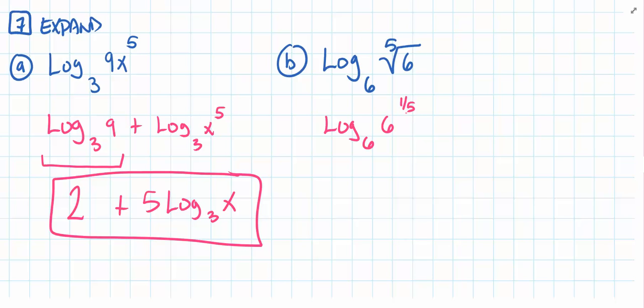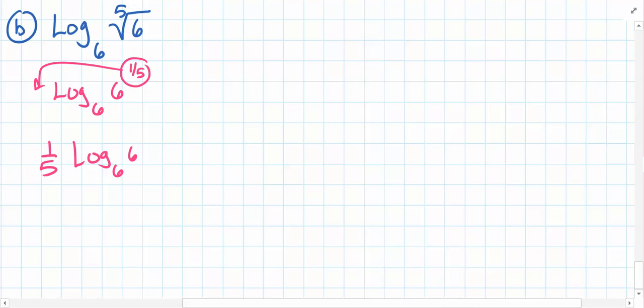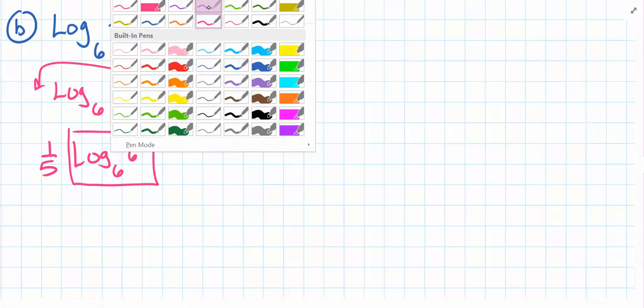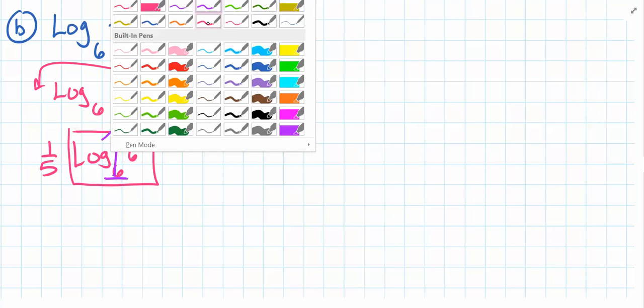So I have 1/5 times log base 6 of 6. But as Rachel just pointed out, all of this is a value of 1, because 6 to the 1st gives you back 6. That's the definition of a logarithm. So you're left with 1/5 times 1, which is just 1/5.